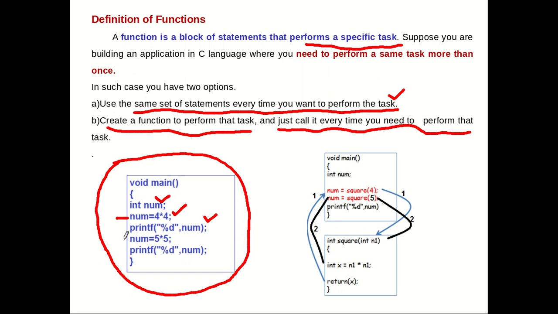Suppose I want to find the square of another number, let us consider 5. Again I am repeating this statement, and again writing a printf statement to display the result. Similarly, if I want to find the square of 6, 7, or 8, every time I have to repeat these two statements to perform the square operation and to display the result.